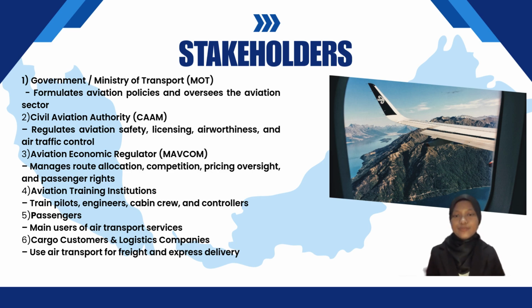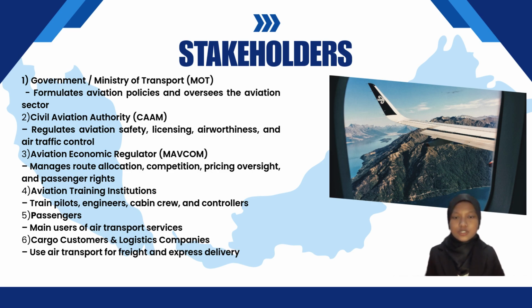The stakeholders of air transportation are the Government or Ministry of Transport (MOT), which formulates aviation policies and oversees the aviation sector. The Civil Aviation Authority (CAAM) regulates aviation safety, licensing, airworthiness, and air traffic control. The Aviation Economic Regulator manages route allocation, competition, pricing oversight, and passengers' rights.